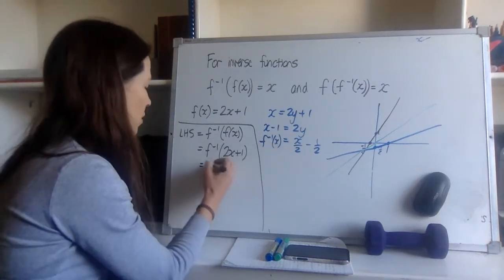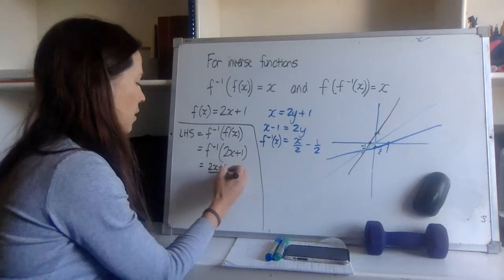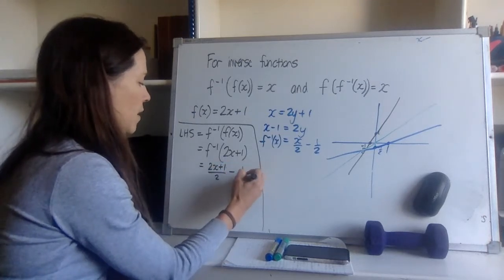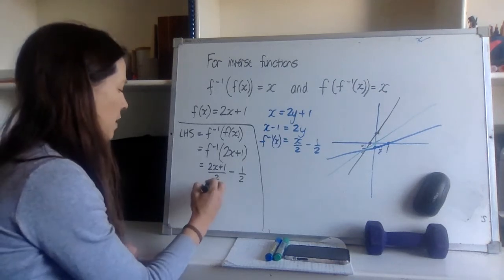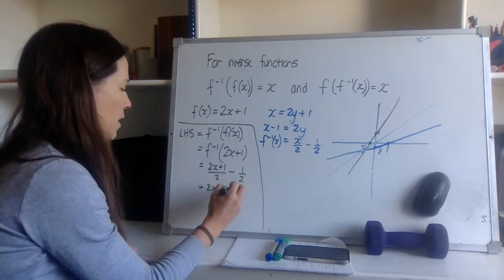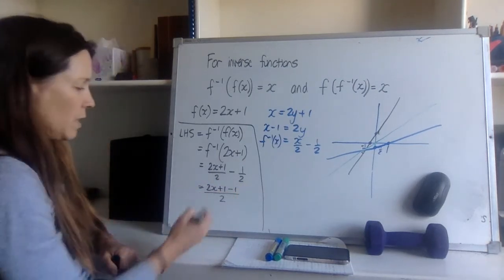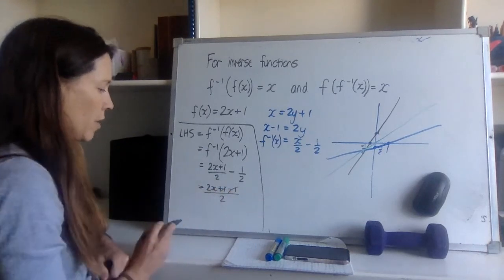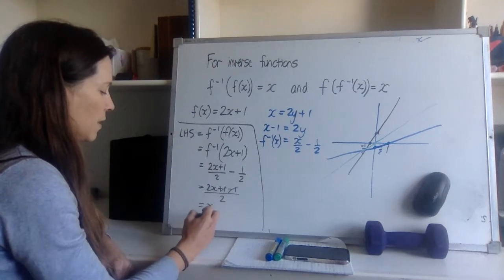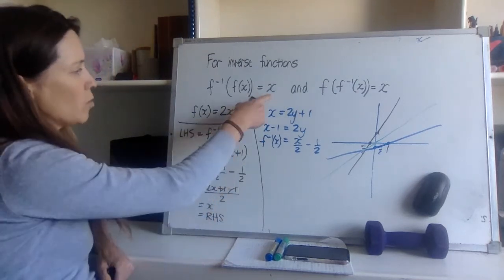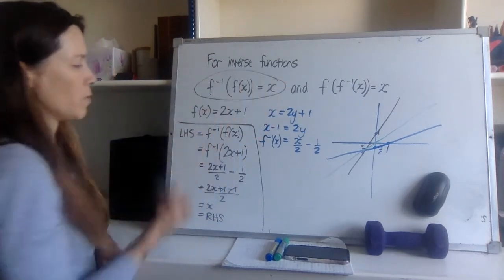So we've got (2x plus 1) over 2 minus a half. Now I can see here that my denominators are the same, so I've got 2x plus 1 minus 1 over 2, and the 1 minus 1 is going to go, so I've just got 2x divided by 2, which is x, and that clearly is equal to the right-hand side. So I've just proved this one.